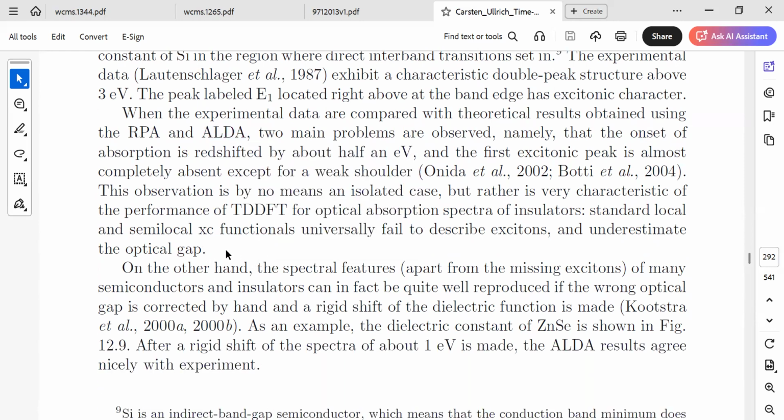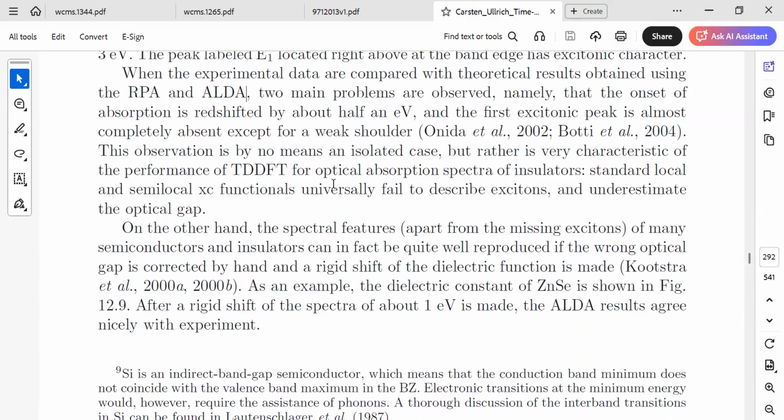What he says is that this observation is by no means an isolated case, but is very characteristic of the performance of DFT for optical absorption spectra of insulators.